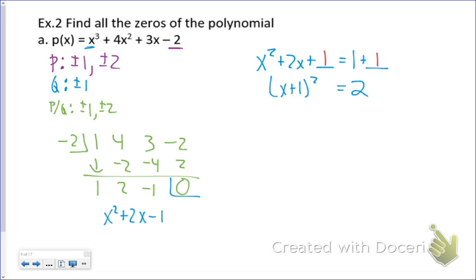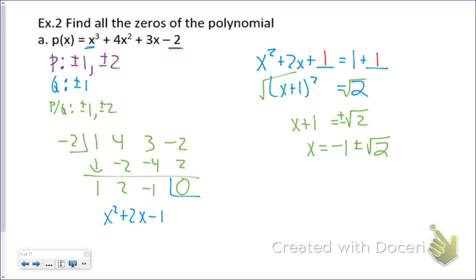Then to solve this, I would just square root. So I get x plus 1 is equal to the square root of 2. And then I would subtract. And then always in front of that square root, almost did it again, never forget that plus or minus.